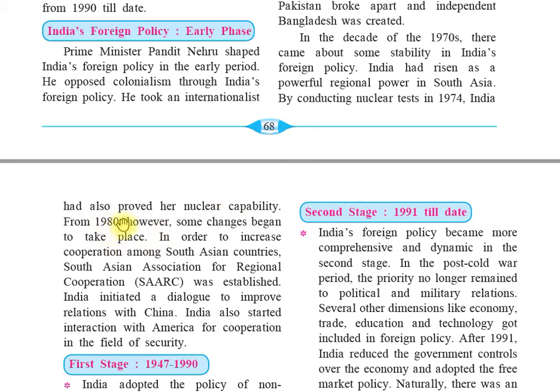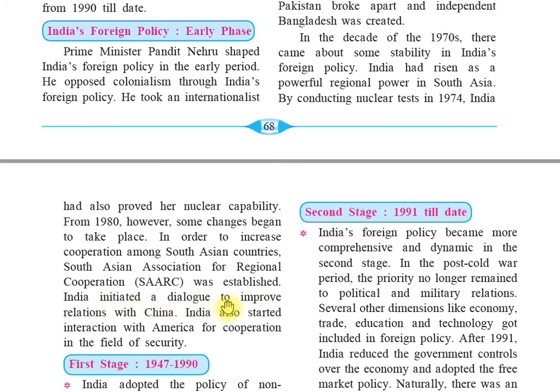From 1980, however, some changes began to take place. In order to increase cooperation among South Asian countries, the South Asian Association for Regional Cooperation was established. SAARC, the South Asian Association for Regional Cooperation, means every country should cooperate with each other.